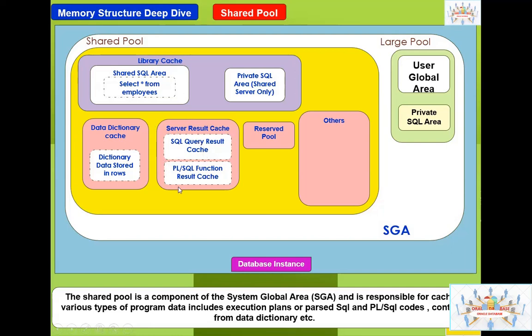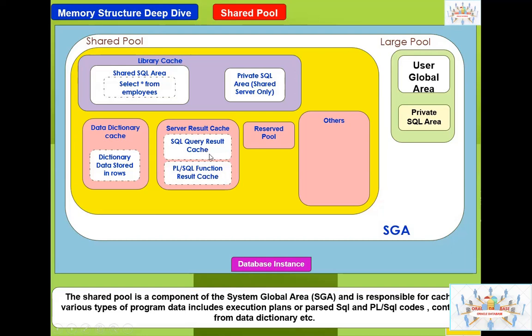From Oracle 12 onwards, by default, this cache is available in the shared pool. Whenever a query is executed, Oracle will try to cache it in the server results cache. For SQL query results there is one area, and for PL/SQL there is another area.